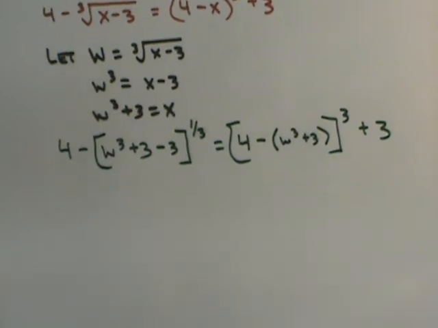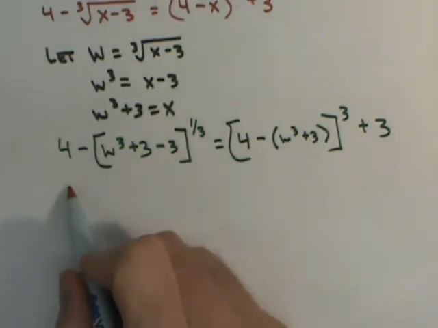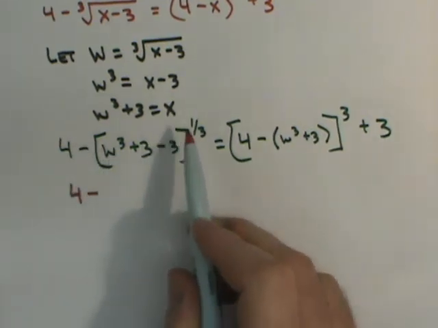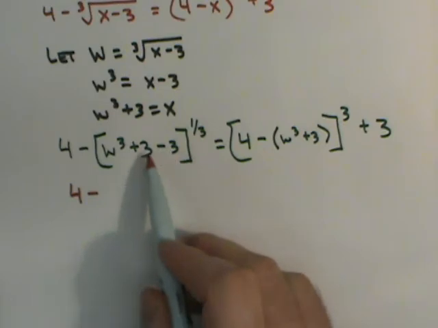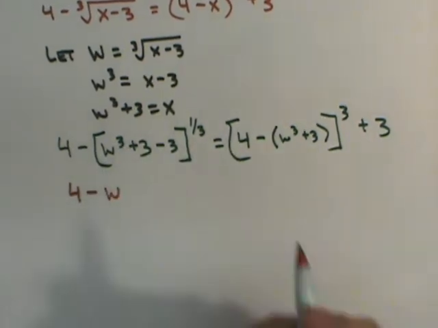Once I have this part here, I want to simplify a little bit. As I simplify, notice that I have these inverses in here, so positive 3, negative 3 drops out. That would give me 4 minus w cubed raised to the 1/3 because the 3's dropped out. W cubed to the 1/3 is the same as saying w.